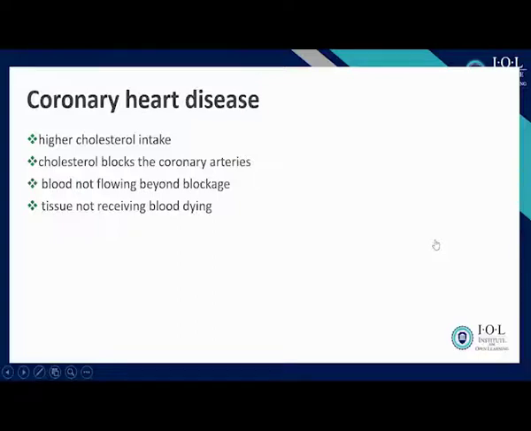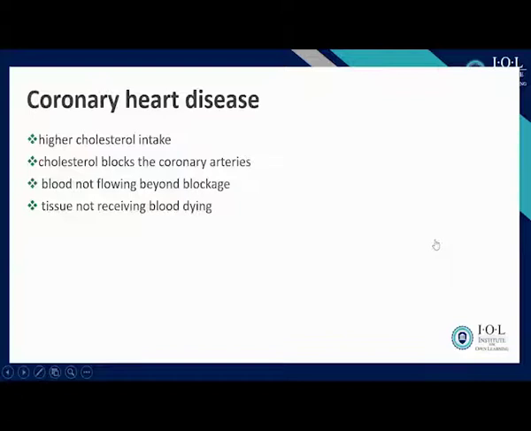In this case, look also at the diseases that are affecting the circulatory system. We picked coronary heart disease. It is linked to a high intake of cholesterol. When one takes in a lot of cholesterol, it blocks the coronary arteries, and blood may not flow beyond this blockage, and the tissues beyond the blockage begin dying out.